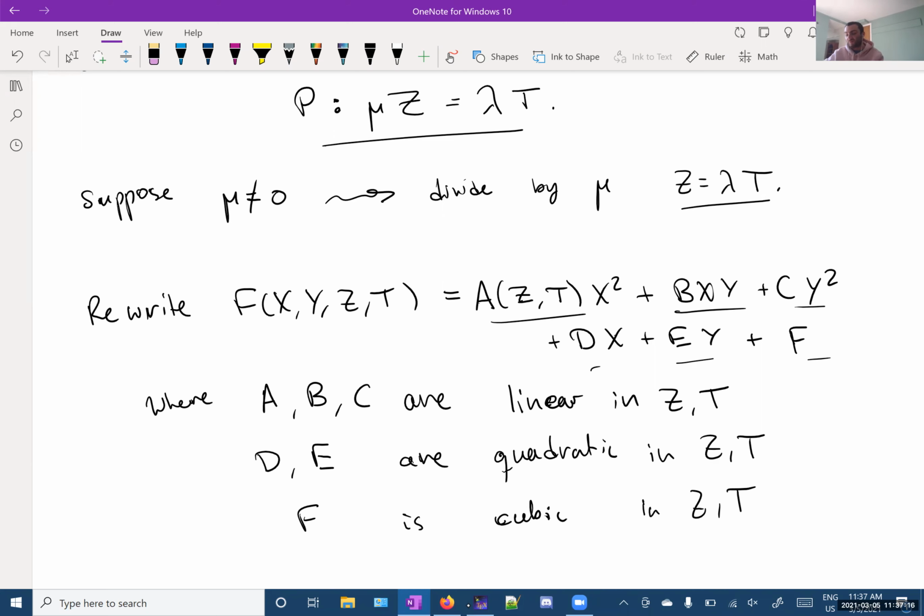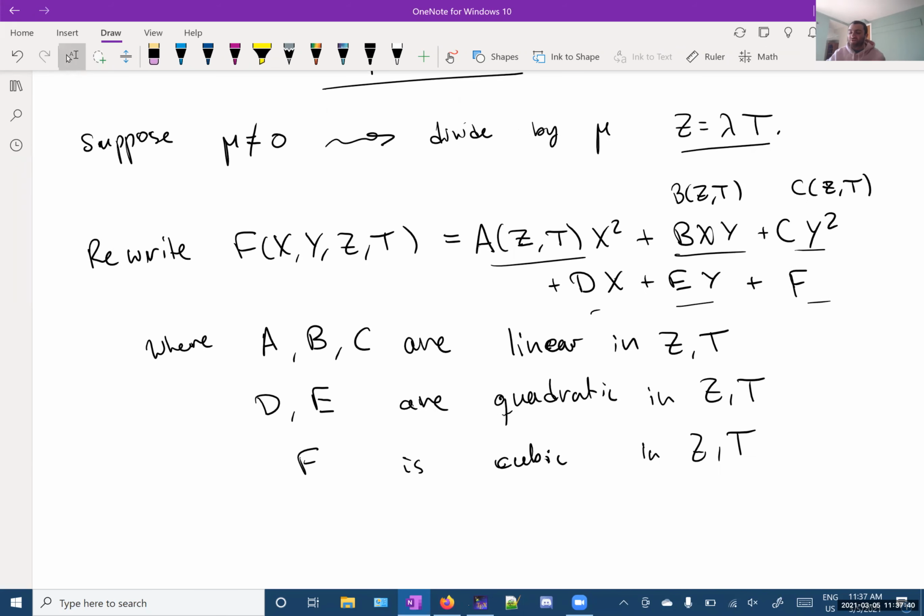If I have some terms with x's and y's by themselves, those won't be 0 when I set z and t equal to 0. I wrote a of zt here, and I didn't write b of zt, but this is a b of zt, and this is a c of zt, and so on. I just want to make that absolutely clear. So I have a bunch of different polynomials in z and t.